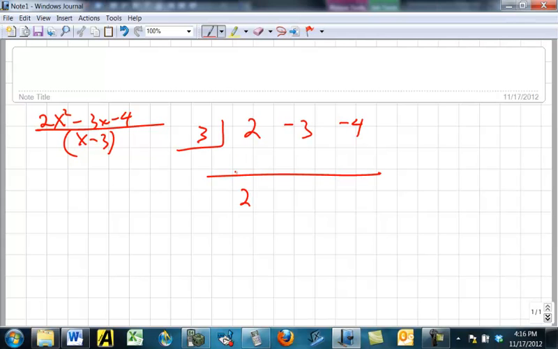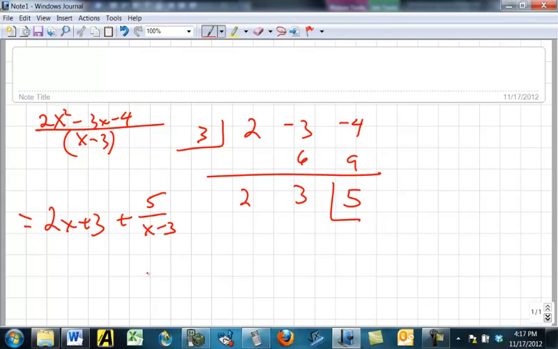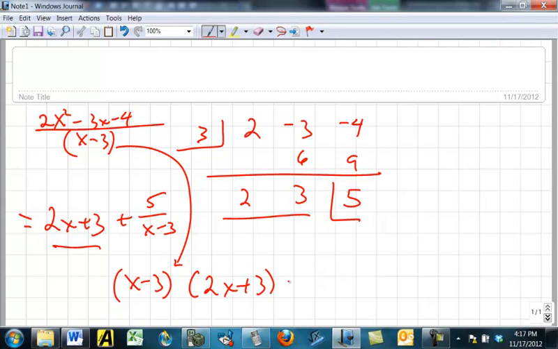Bring down the 2. 2 times 3 is 6. 3 times 3 is 9. Plus this is 5. So this says that this equals 2x plus 3 plus 5 over x minus 3. Or in other words, if you were to check this, and this is the key right here, you would take the x minus 3, the divisor here, multiply by the quotient, 2x plus 3, and we would add 5.